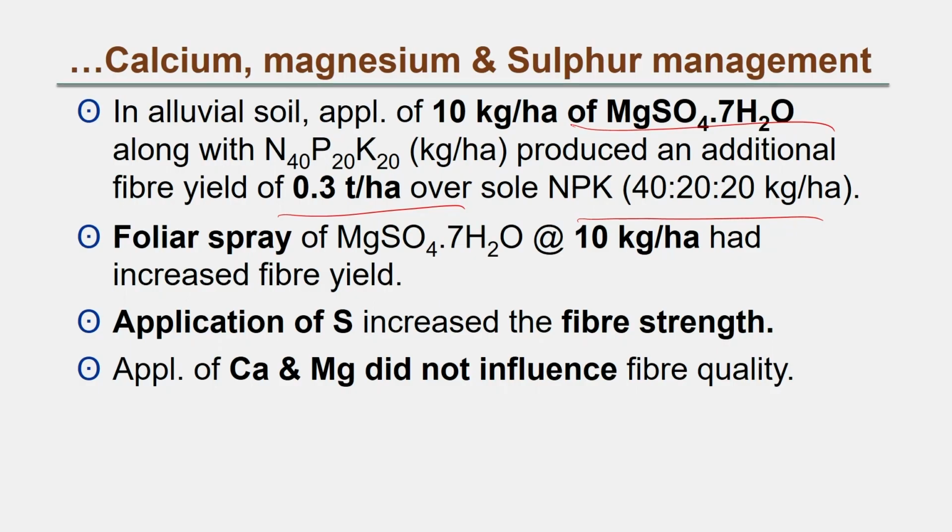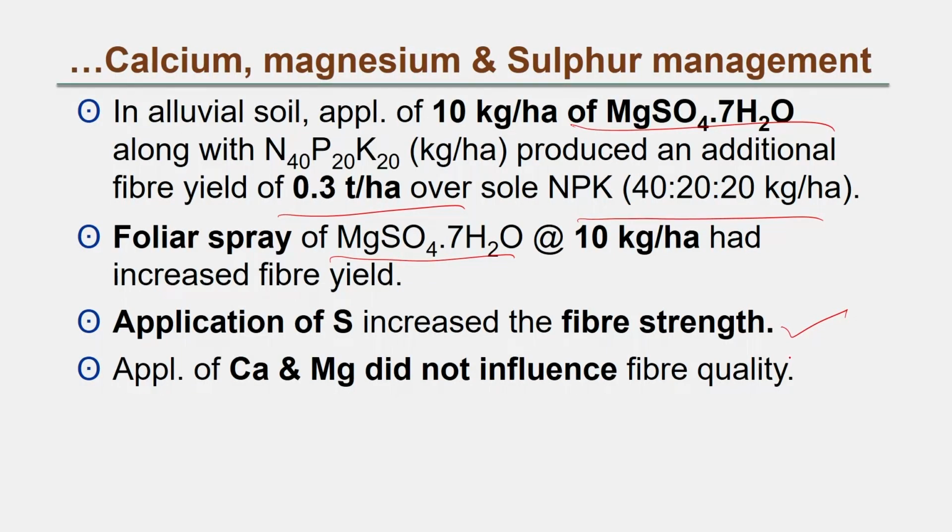Foliar application of magnesium sulfate heptahydrate at the rate of 10 kg per hectare also increased the fiber yield. So, you see response to magnesium is also obtained, but it is mostly under acidic conditions. Application of sulfur increased the fiber strength, and application of calcium and magnesium did not influence the fiber quality.